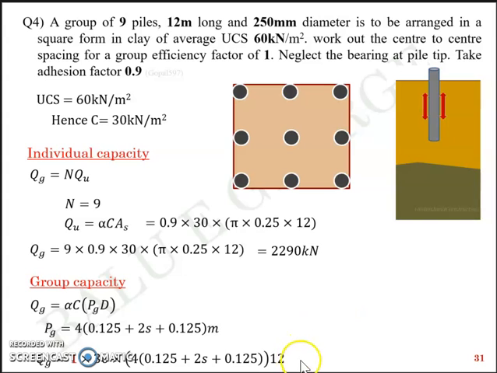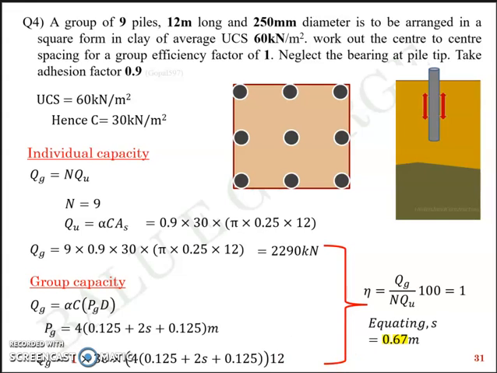So you have an equation for QG where S is unknown, and you have an equation for QG where the value is known. So to have the unknown spacing, in the question it's given efficiency as 1, which means eta is equal to 1, which means 100% efficiency. So what you can do is you can equate these two to get the spacing, which is unknown, 0.67.